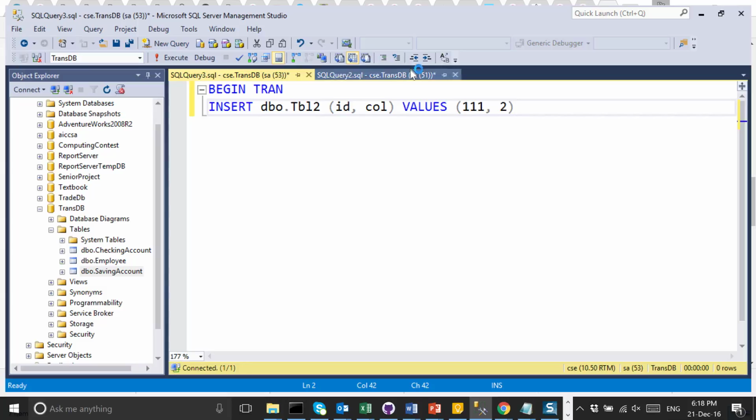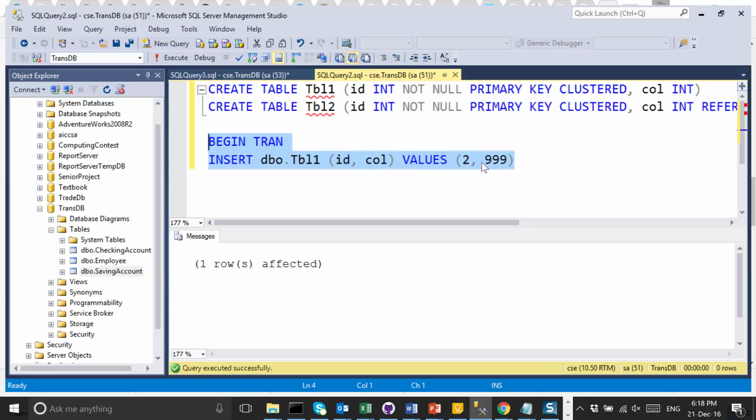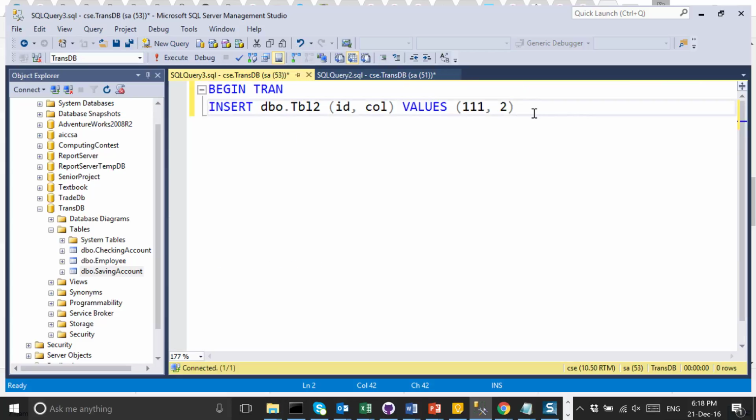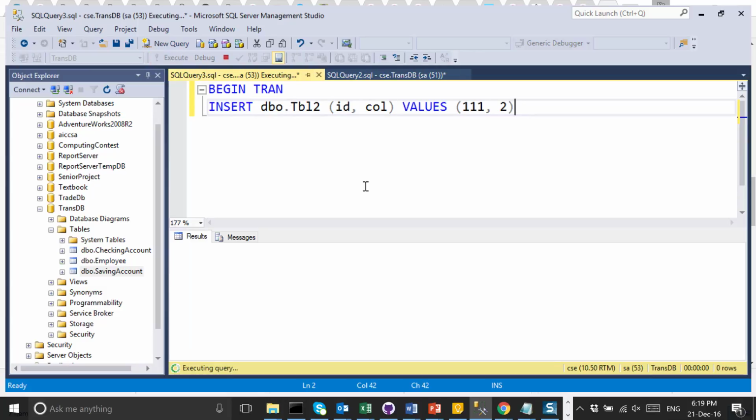The first transaction is inserting a row with the ID 2, and the second transaction is inserting another row in table 2 while referring to table 1. So let's run this. This one basically blocks and waits. Can you see there? It's waiting because it needs to read to establish the foreign key relationship.